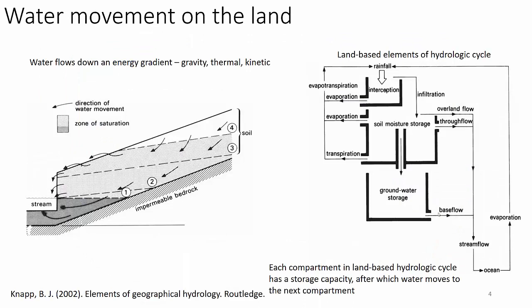We also described the way water moves on the land, and that as we move forward with understanding how water moves on the land and how we can design that movement to meet our purposes, it's important to understand the boundaries within which water moves in liquid form on the land, and that's through the watershed. Because water flows down an energy gradient. You can pump it uphill if you put more energy into it, but generally gravity pulls it downhill, down gradient.